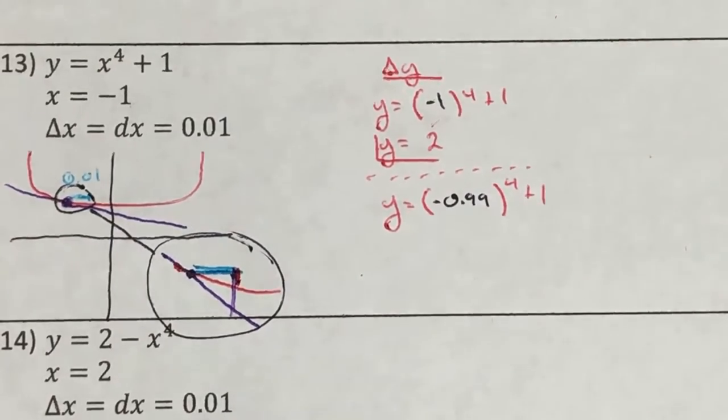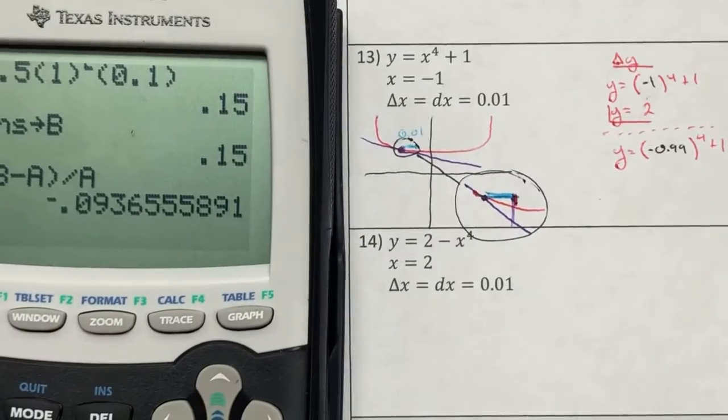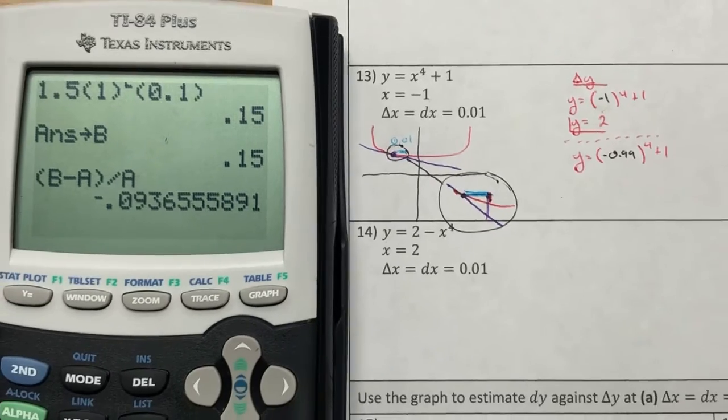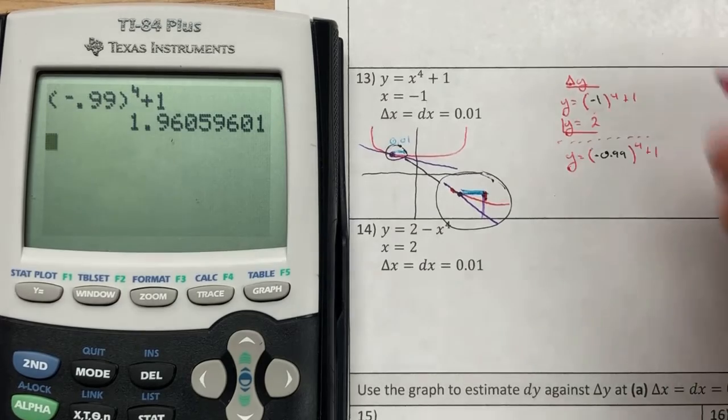And now, I don't know about you, I can't do this by hand, so I'm gonna pop this out real quick and say, okay, what is, let's clear this, negative 0.99 raised to the 4th power plus 1. And I get that.